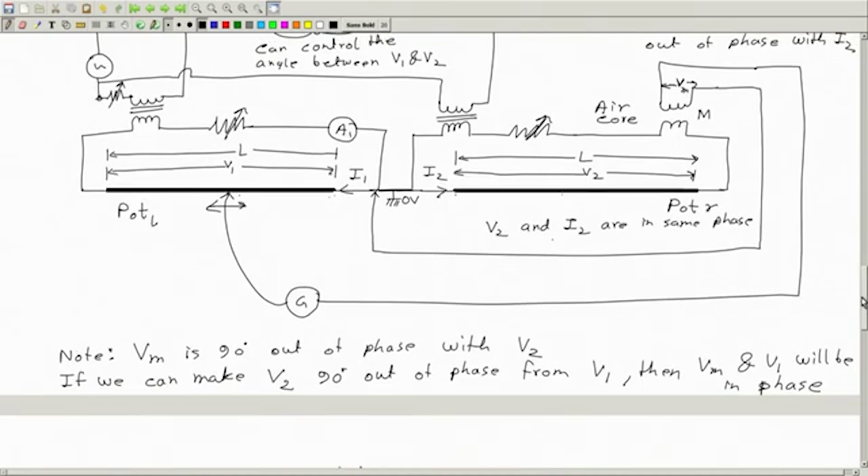And then only can we get a balance here by moving this jockey. Here we are bringing this Vm to potentiometer 1, or potentiometer L, and measuring it, and we can get a balance or null only if we can make V2 90 degrees out of phase of V1.